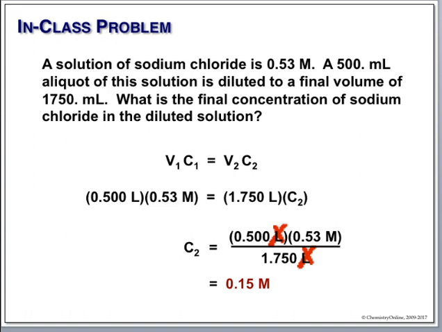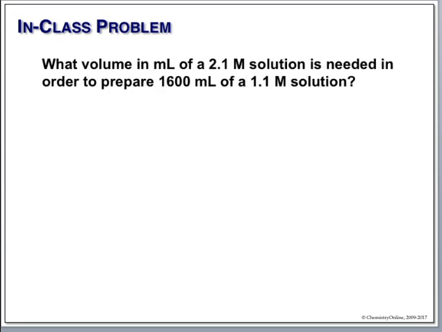What volume of 2.1 molar do we need to make 1600 mils of 1.1 molar? So here we're missing V1, aren't we? That's our initial thing. We're missing V1. We know everything else.